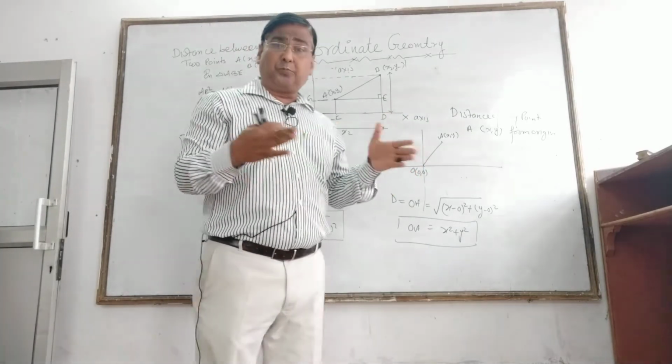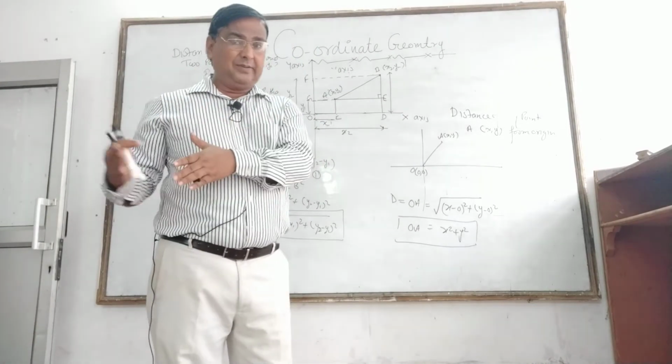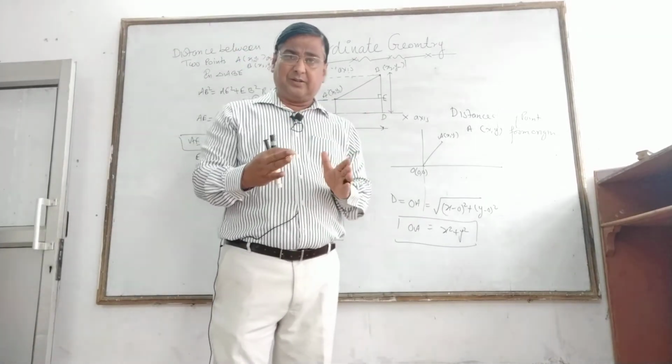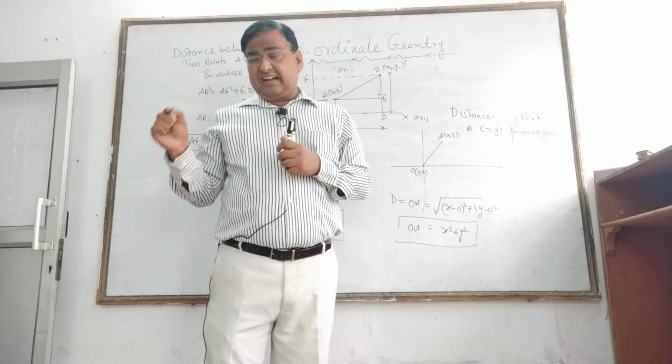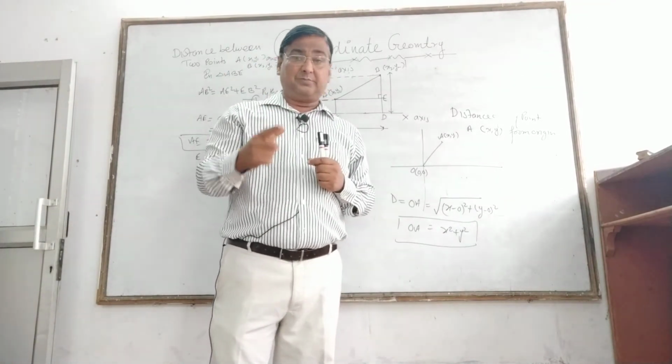Now if you want to locate a point on the x-axis, on the x-axis y will be 0, and on the y-axis x will be 0. So the point on the x-axis is (x, 0), and the point on the y-axis will be (0, y).